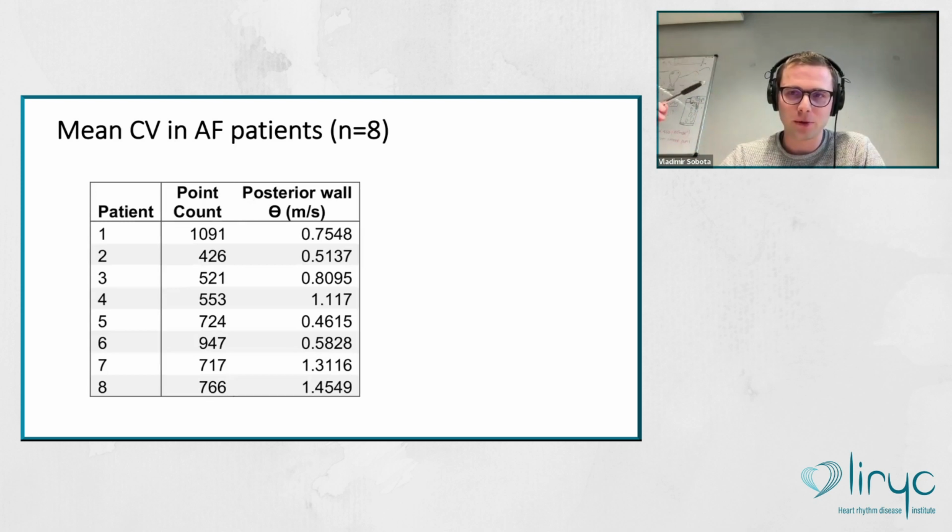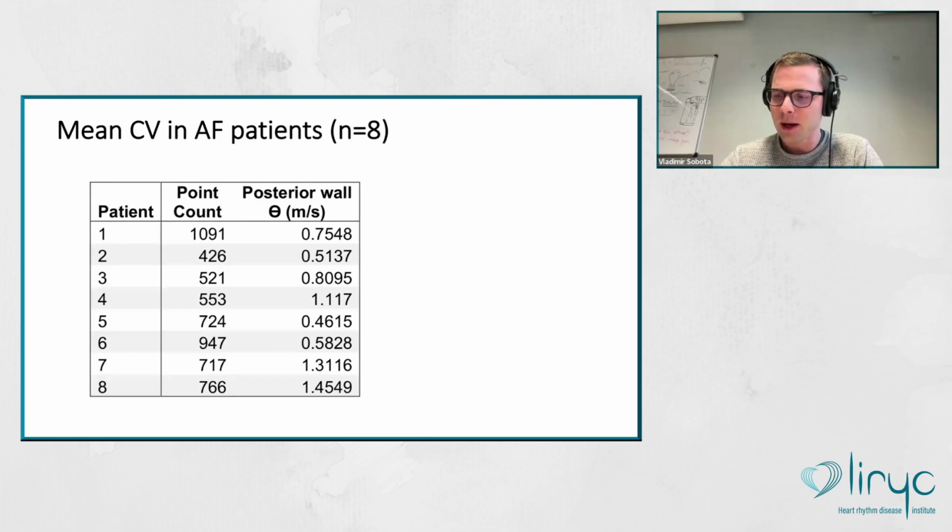We said we trust values that are above 0.2 and below 1.2 meters per second. So when I see here that 2 patients out of these 8 have conduction velocities above 1.2 meters per second, I wouldn't trust those values that much, based on my experience.